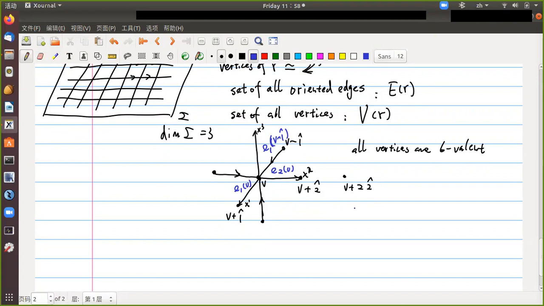Okay, and this lattice is adapted to a certain coordinate system.